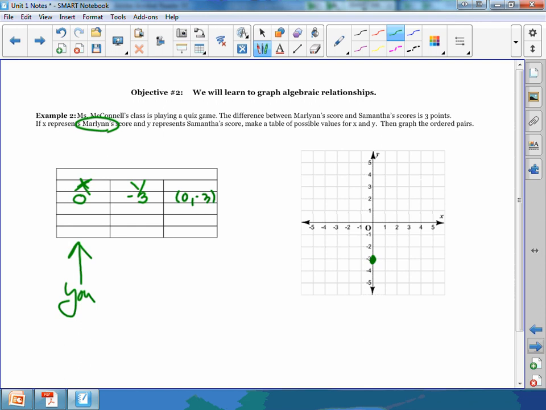All right, so I'll pick another one. What if X is 2? What would Y have to be? Victoria? -1. So go ahead and plot the point 2, -1. 4.